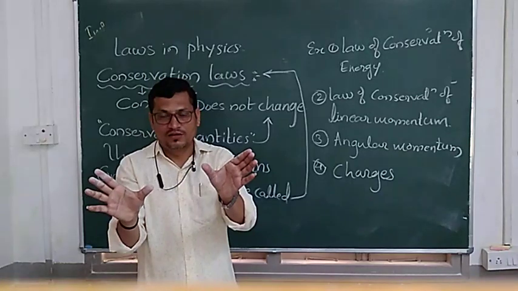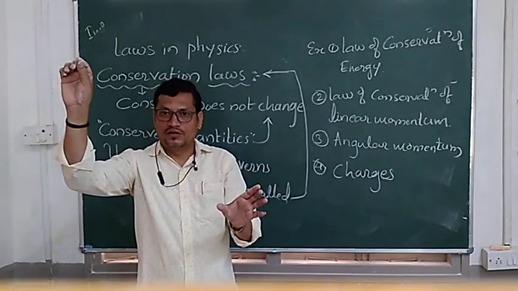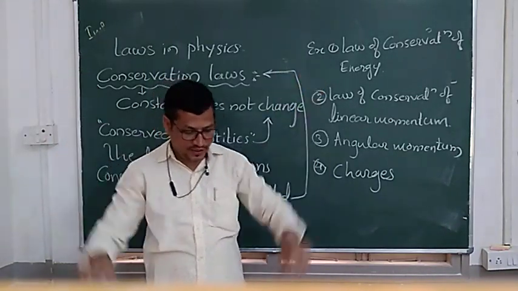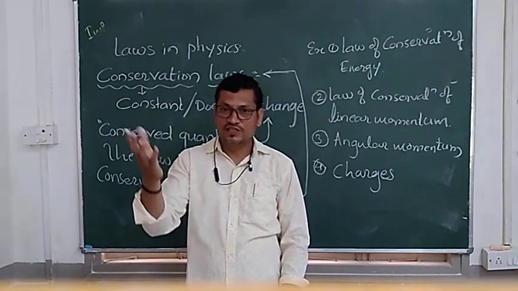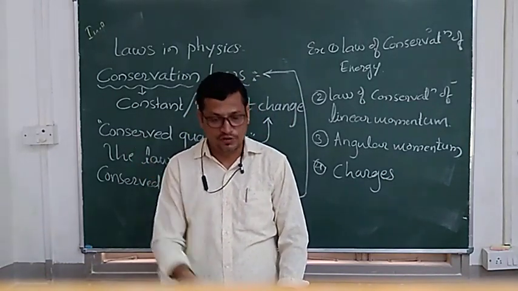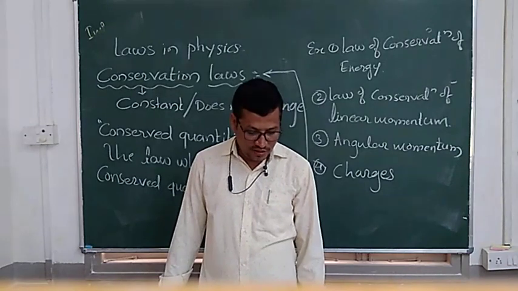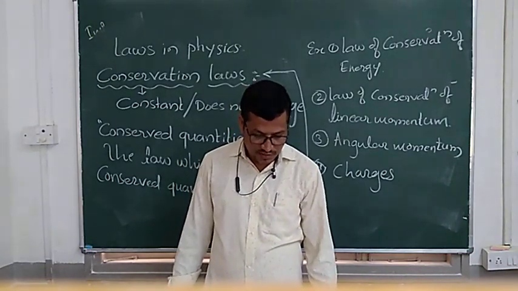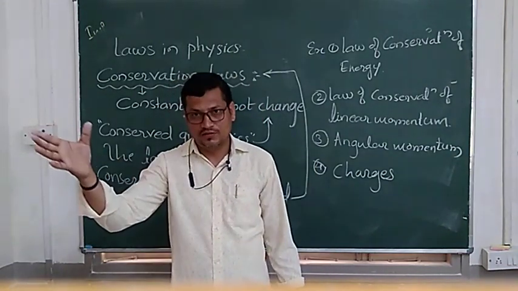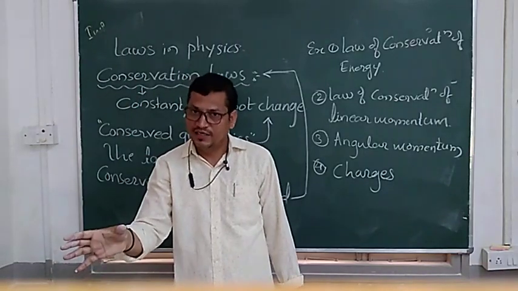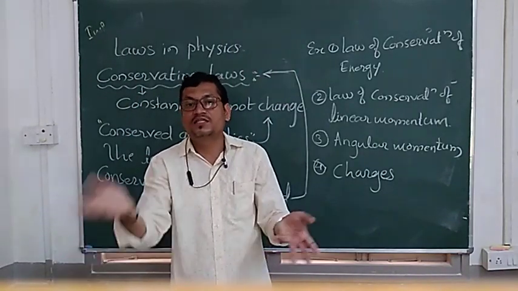Scientist, discovery. Correct. Newton, gravitational force, like that. Galileo, law of inertia, and he discovered the telescope also. Boyle, Boyle's law of gases. Carnot, heat engine. Carnot is a scientist and heat engine is his discovery.